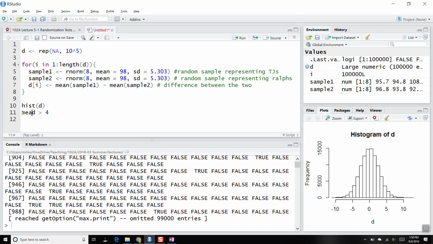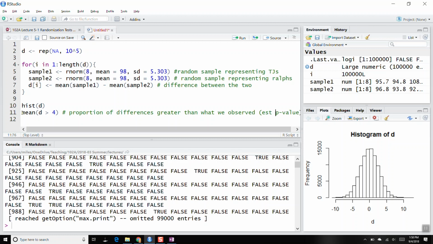So I can just say mean of d greater than 4, and this will coerce everything to 0s and 1s, and this will be the proportion of differences greater than what we observed. So this is effectively an estimated p-value.